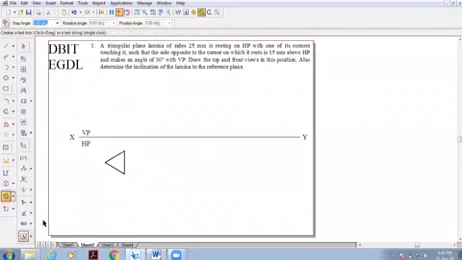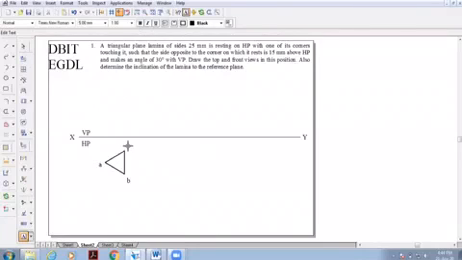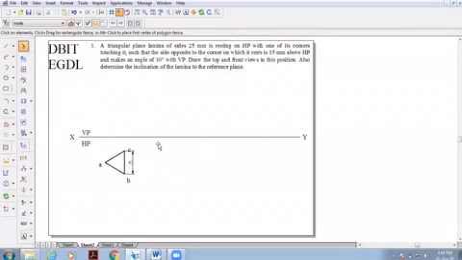Now I will name this A, B, and C. Therefore, in this triangle, corner A is resting on HP and the opposite edge BC is perpendicular to the XY line.